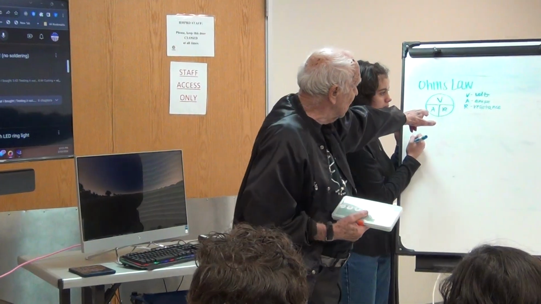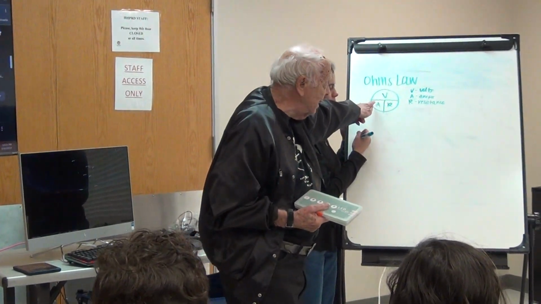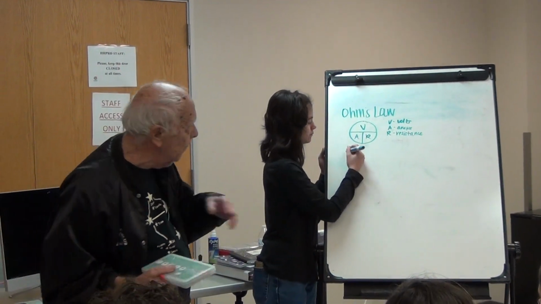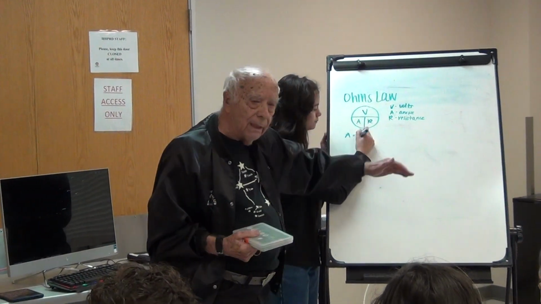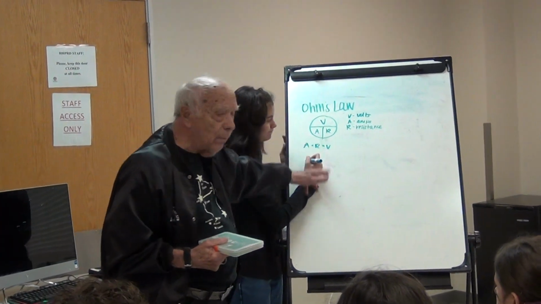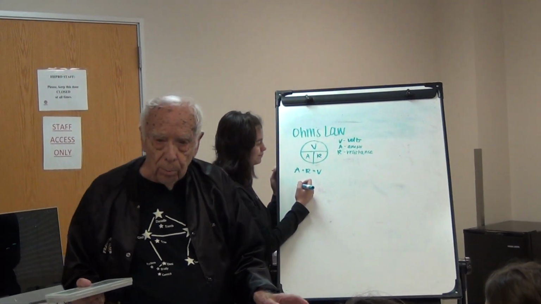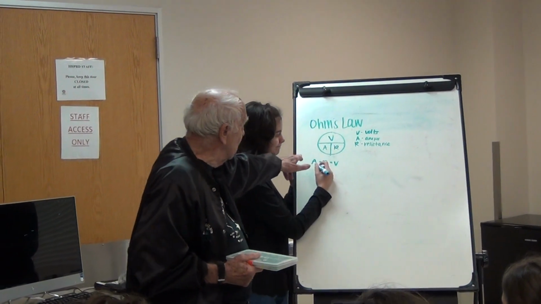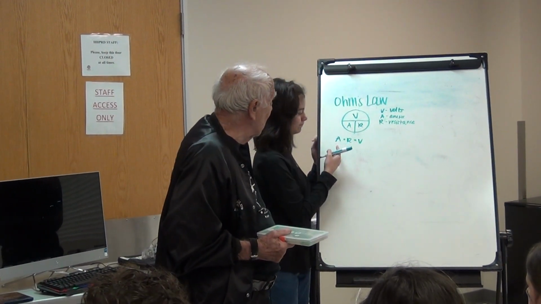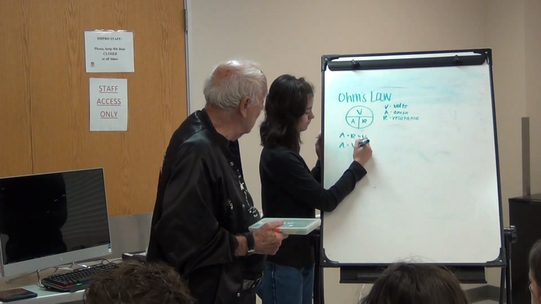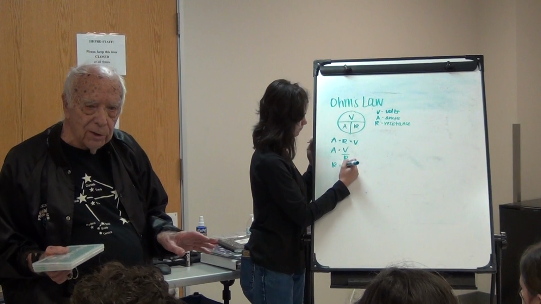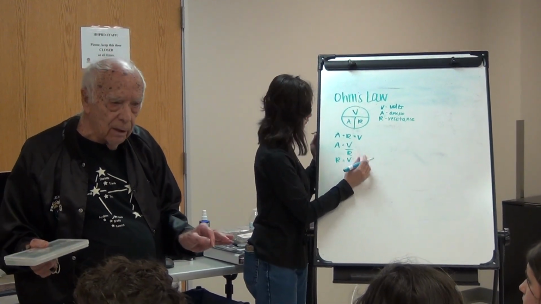Okay? So these are the laws. Now when you see that line, that gives you the mathematics that you need. The line means divide. This line means multiply. So A equals V over R. So have you had enough math to understand A plus B equals C?